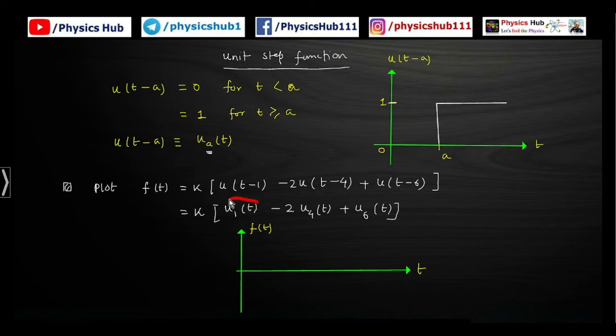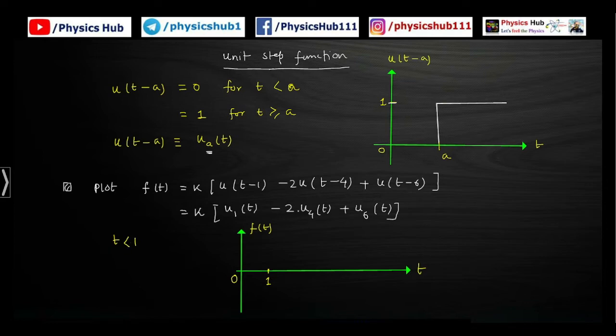So we'll start with taking the first one, u1 of t. This will take the value 1 at t equals 1. Okay, so we are just doing like this, 0, and let's say up to this it is 1. So when t is less than 1, no value is activated.